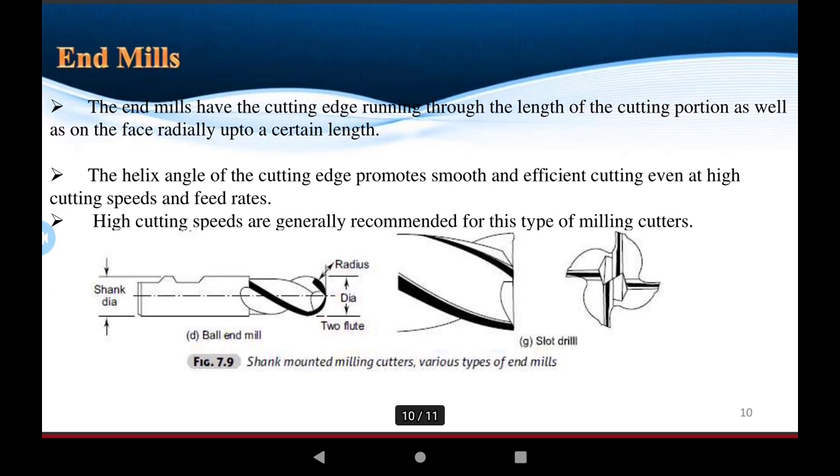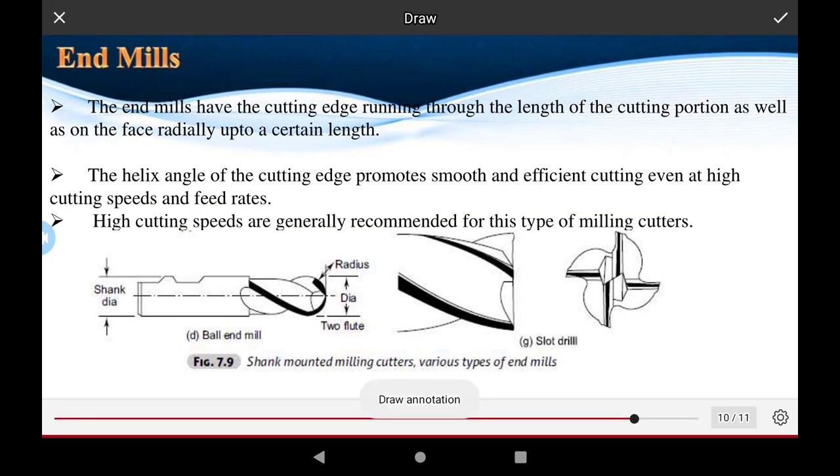And this tool is a very important tool. Okay, this is the shank of the tool, this is the shank diameter of the tool.